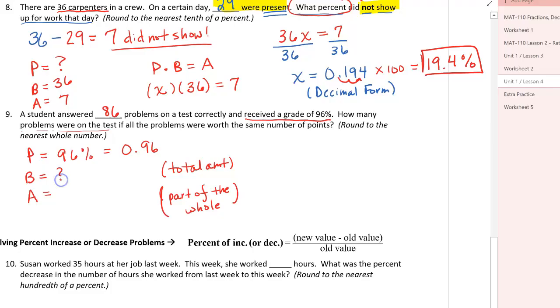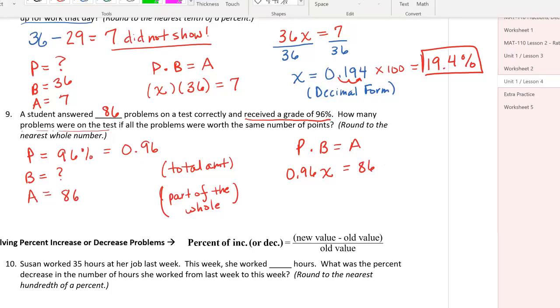So in this case, we don't know the base, and the amount of problems that they got right were 86. So if we have P times B equals A, we have 0.96, we don't know the base, and the amount is 86.